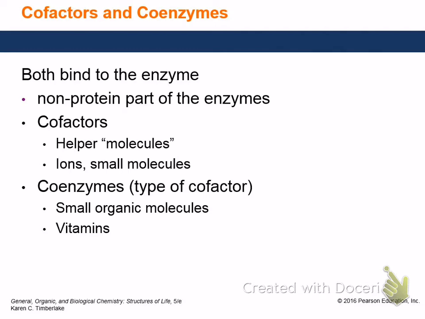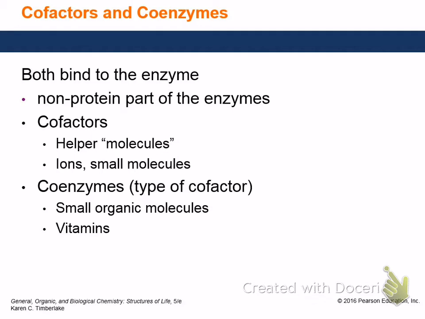So you have enzymes, and then you have the substrate, and then sometimes there are things which we call cofactors. There's two kinds of cofactors, and basically it boils down to ones that are inorganic, like salts, or like magnesium or iron can be cofactors.